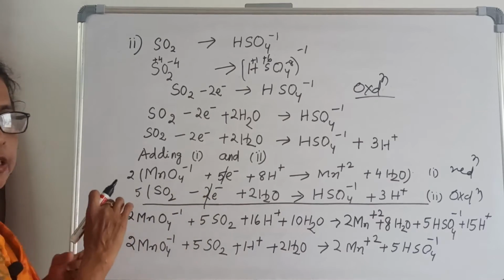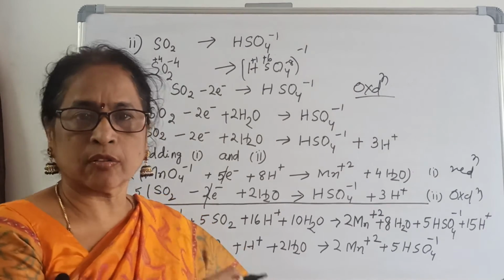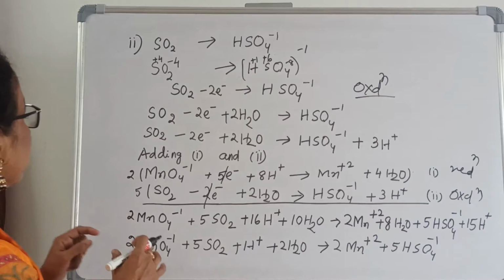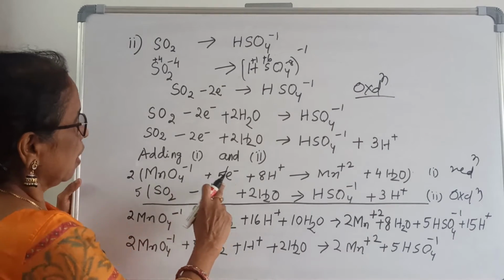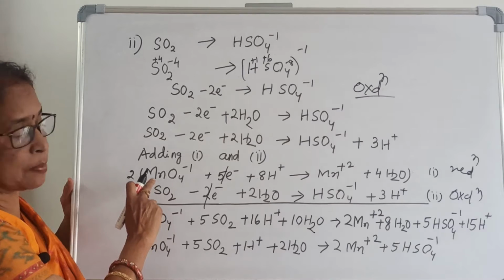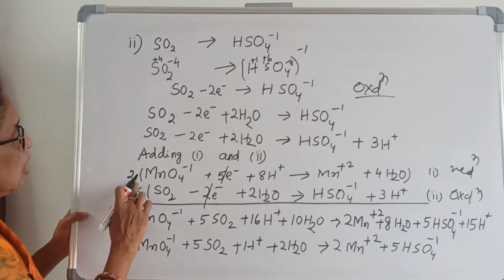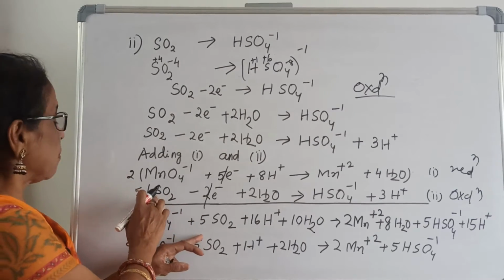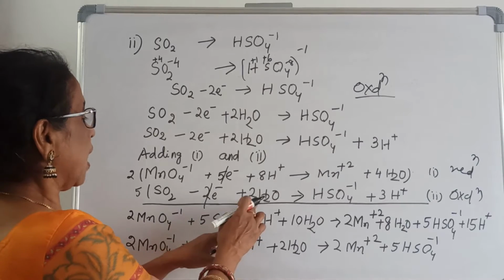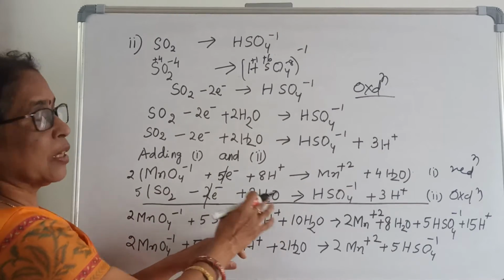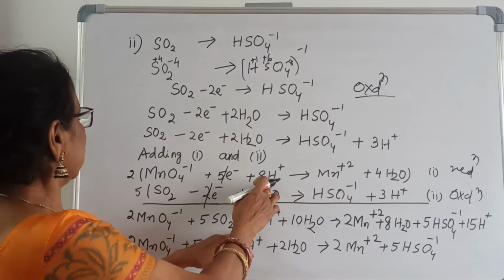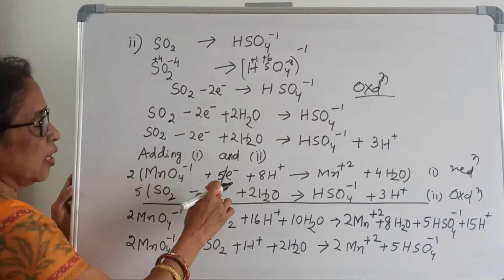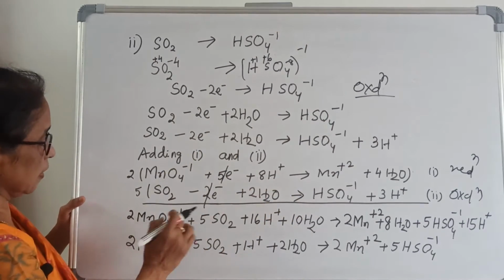According to the cancelling of electrons in both half reactions, you multiply by a simple digit. Now on the reactant side, 2 MnO4 minus 1, since it is multiplied by 2, and sulfur dioxide multiplied by 5, so 5 SO2, and 2 water multiplied by 5, that means 10 water, and 2 multiplied by 2, so 16 H plus.